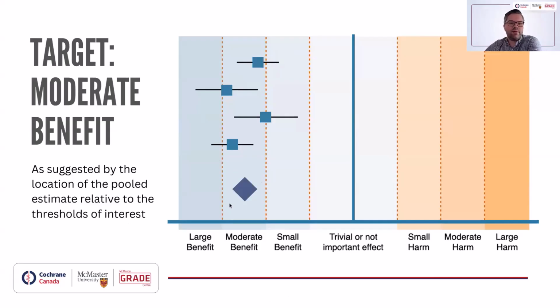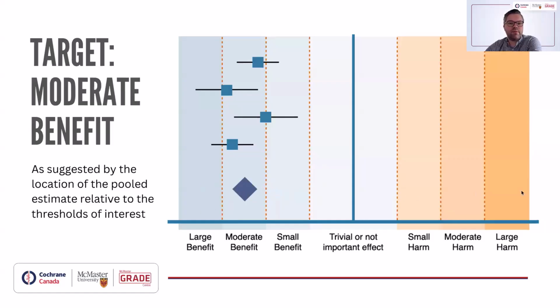So here graphically, you can see, for example, we are concerned whether the true value of the estimate of the effect lies within a particular range, and that being here, that of a moderate benefit. And here are other thresholds for going from a trivial to a small benefit, a small to a moderate benefit, and a moderate to a large benefit.